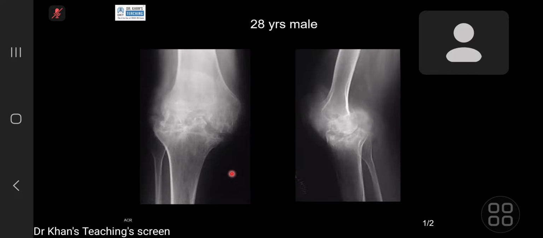And on the lateral view, I can see that there is some increase in soft tissue density as well at the anterior as well as the posterior aspect of the knee.